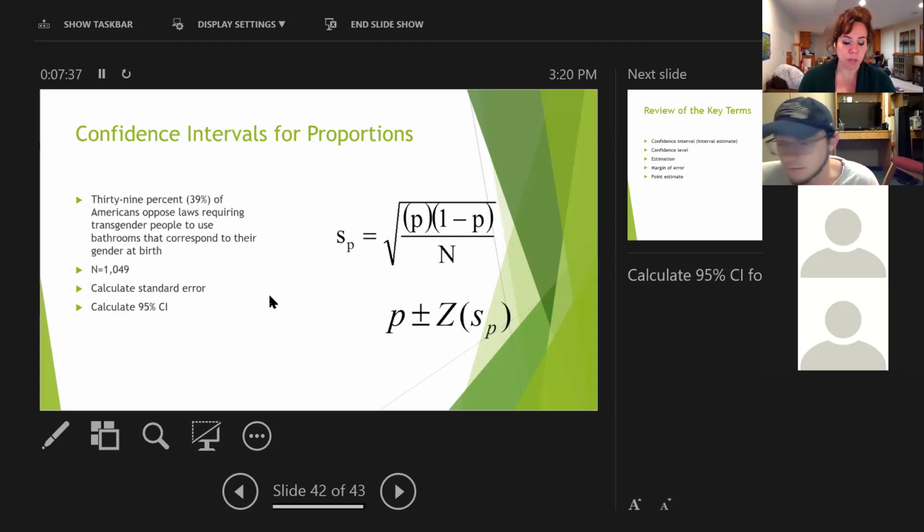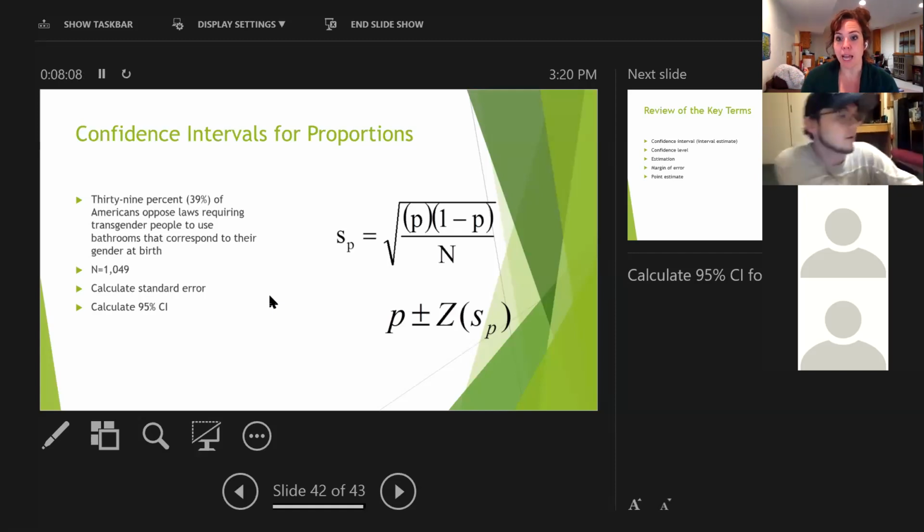I need to multiply 0.39 by 1 minus 0.39. What is 1 minus 0.39? 0.61, you got it. So then I'm taking 0.61 times 0.39, which gives me what? 0.2379. Right, so I'm gonna round that to 0.24, just to make life easy.